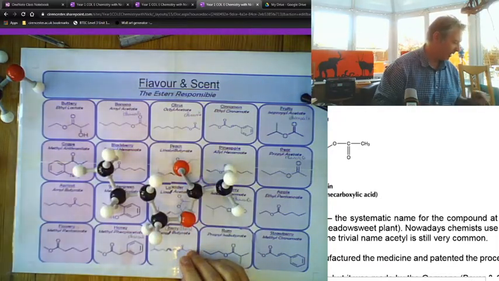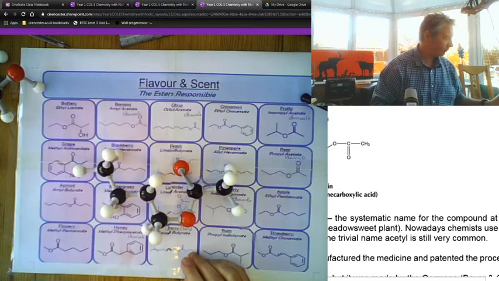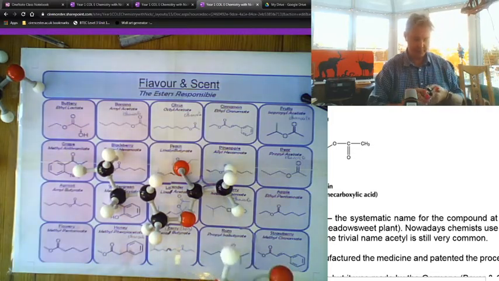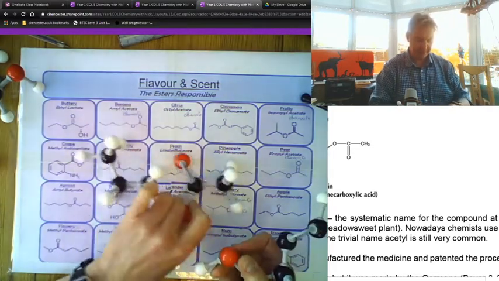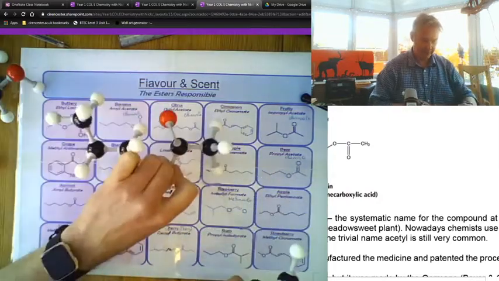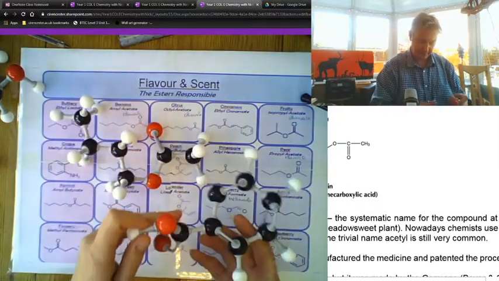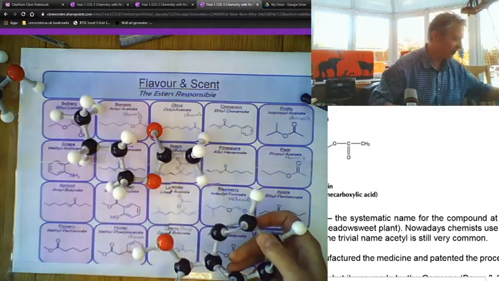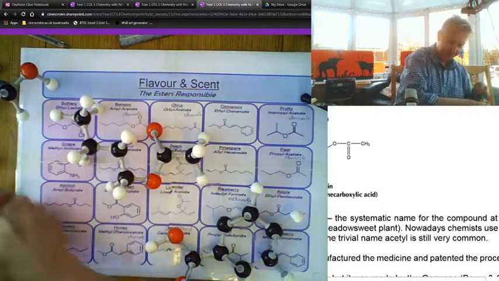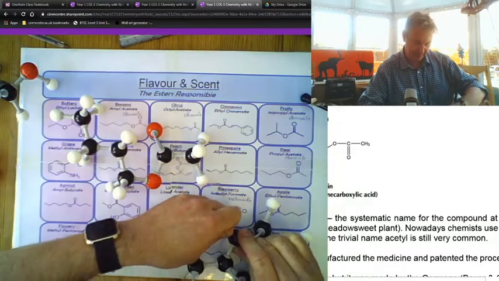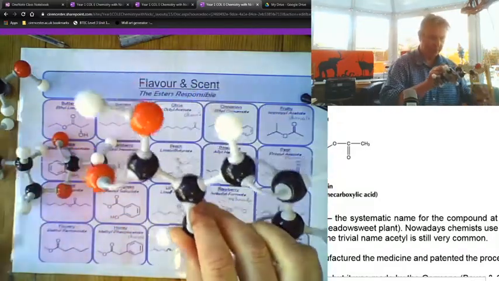Now I could replace the ethanoic acid with this, which is benzoic acid. Let's put a hydrogen on there just to make it proper. So this is benzoic acid.